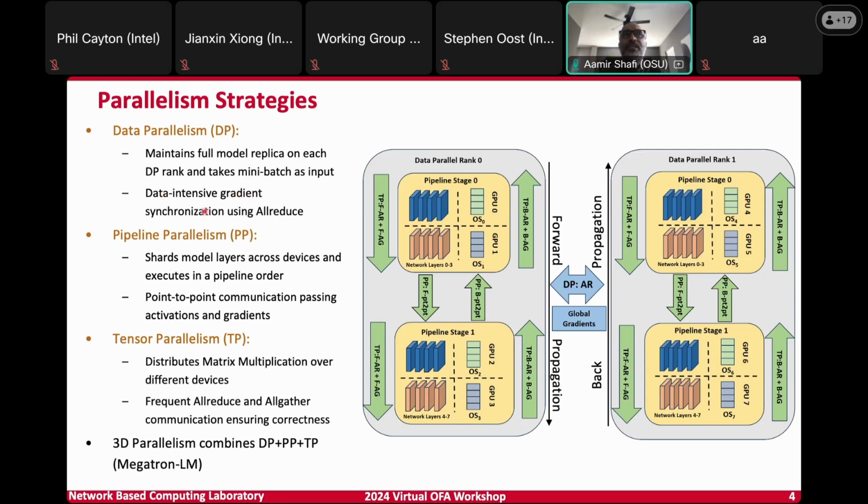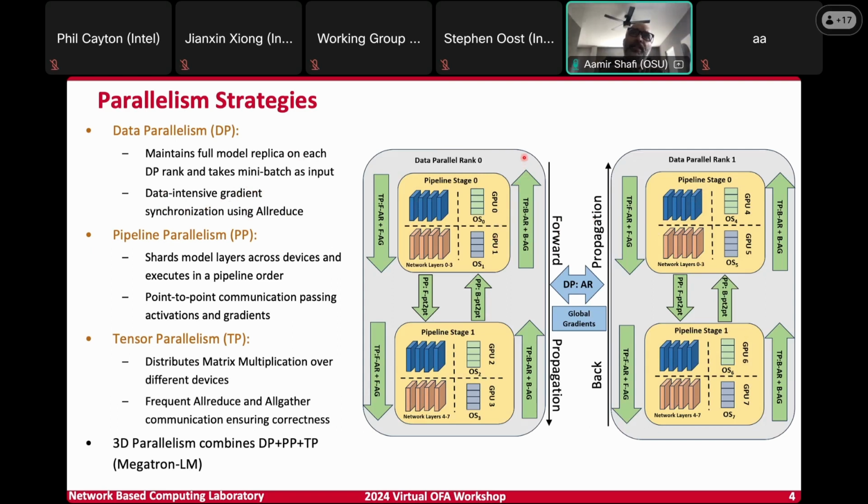Typically, when we are using data parallelism, we require gradient synchronization using an operation called all-reduce. I would like to emphasize this particular figure here. We have different dimensions going on.